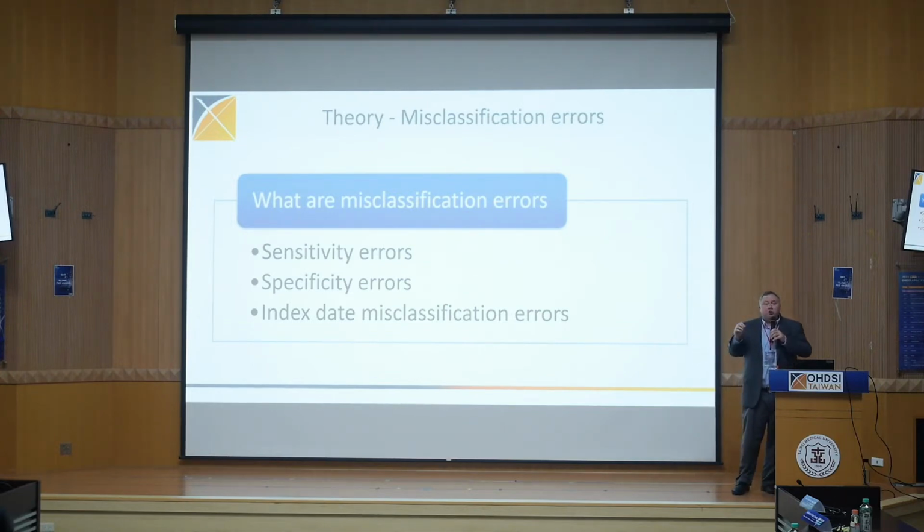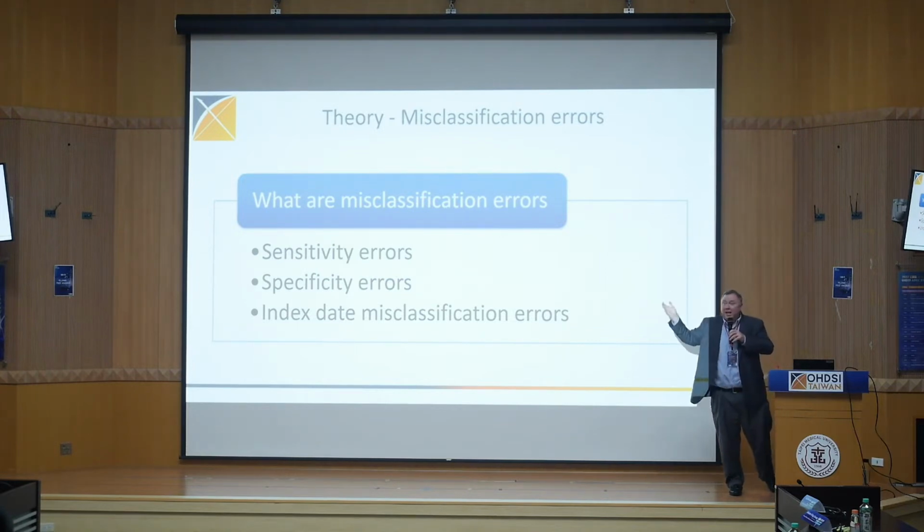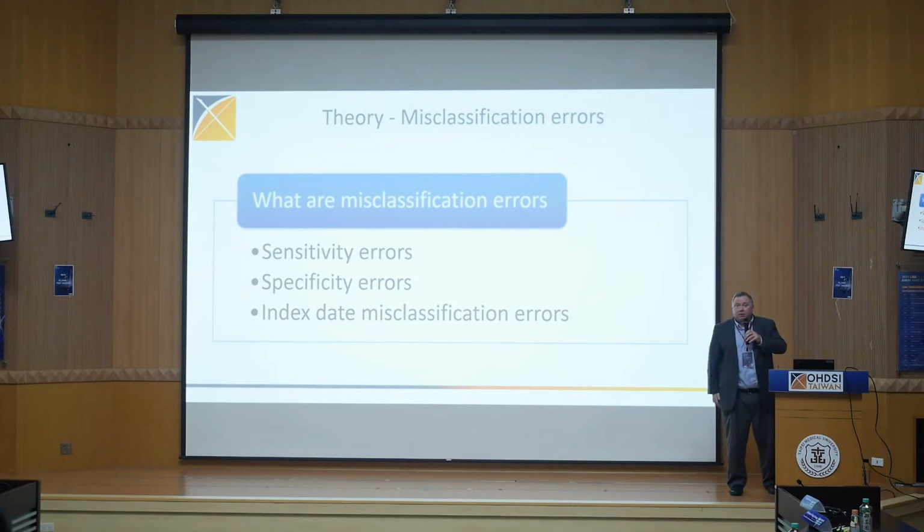Otherwise, we could underestimate the risk of having a heart attack. Specificity errors are really important, though, because if a whole bunch of the people that we claim have heart attacks never actually had a myocardial infarction, then we could overstate the risk associated with that exposure.